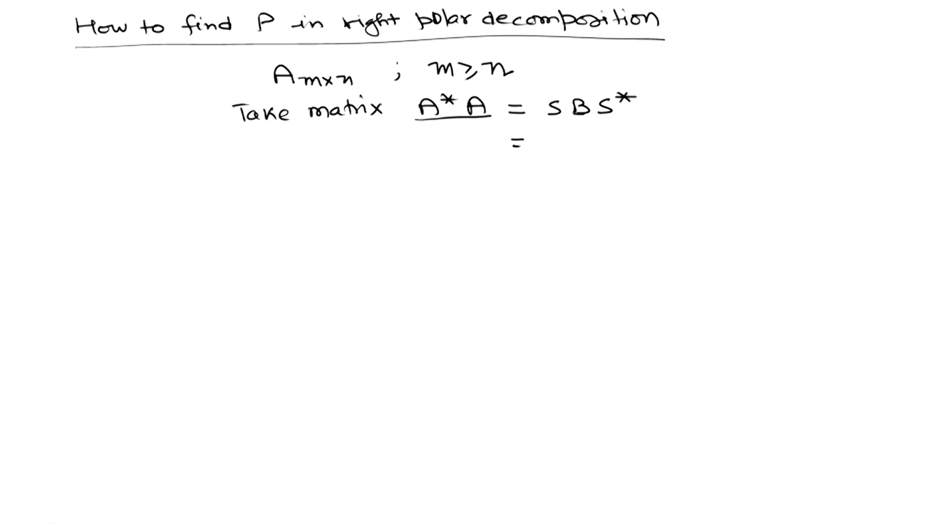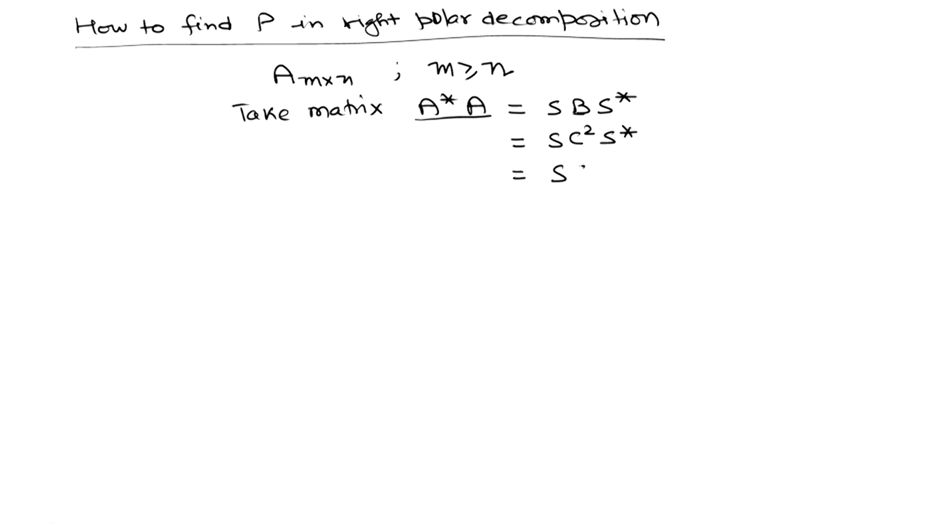If this is the case, I can write B as C square, where C is the square root of B, and it is a diagonal matrix. So, it will be the square root of each diagonal entry, times S star.